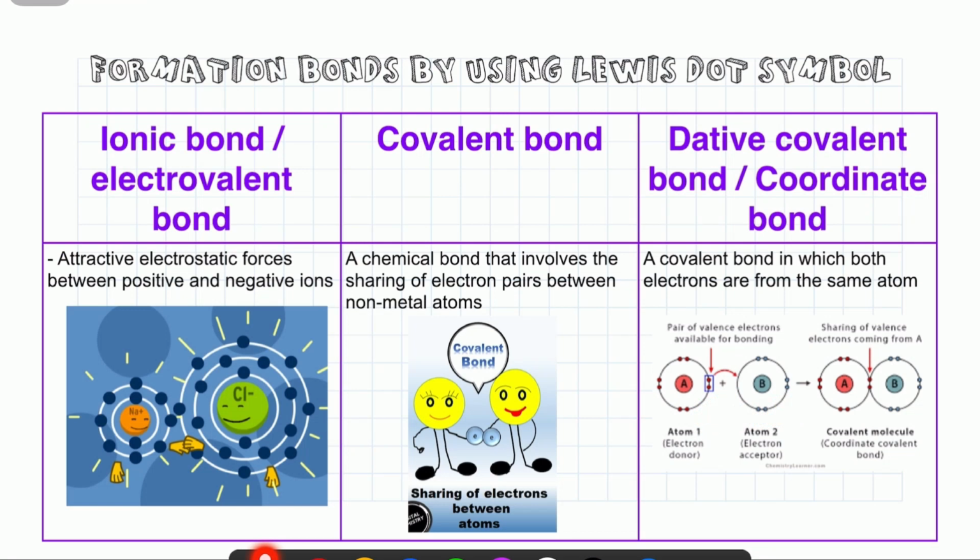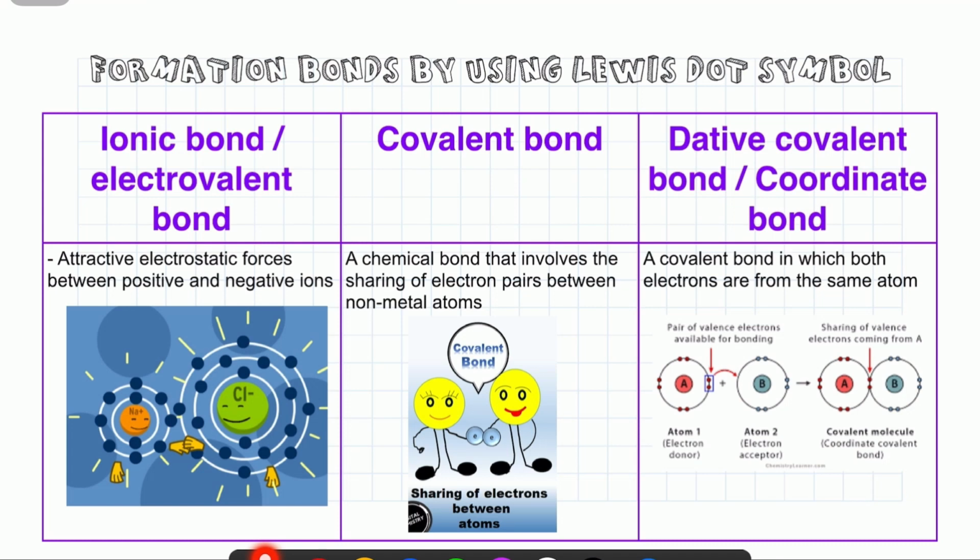So A will use one of its lone pairs, equivalent to 2 electrons, with B, by forming a bond between A and B. So the bond actually is the dative covalent bond, and the bond is formed because both electrons come from one atom, which shares both of the electrons with B. So that is the difference between the dative covalent bond and covalent bond.